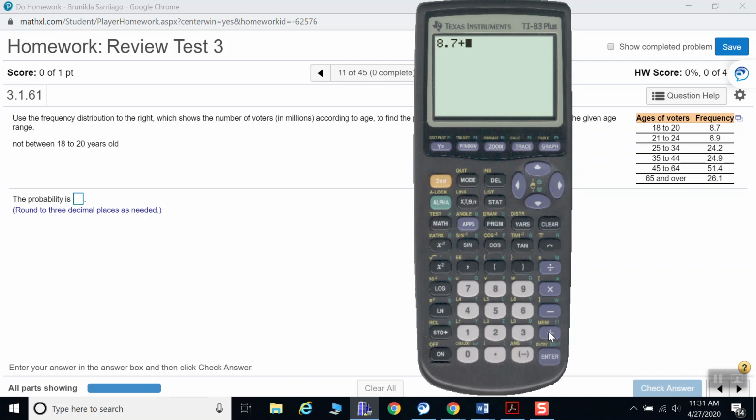So when you add them all up, you will still include the one that we are asked not to include. In this case, not between 18 and 20. It will not be part of the numerator, but it will be part of the denominator.